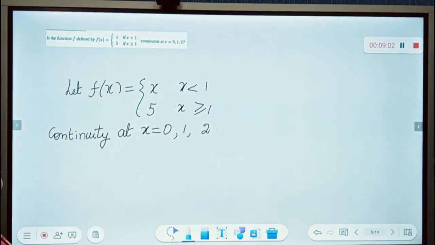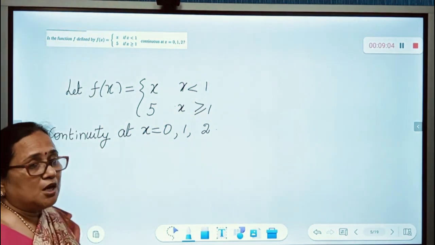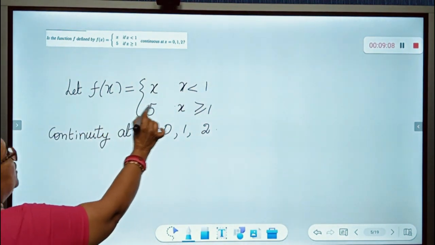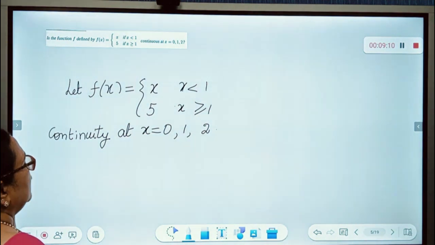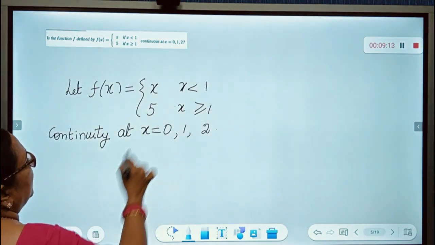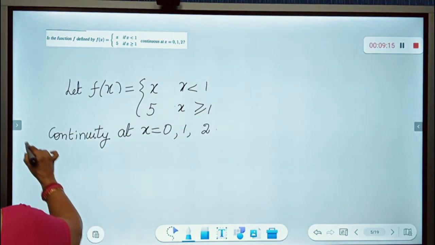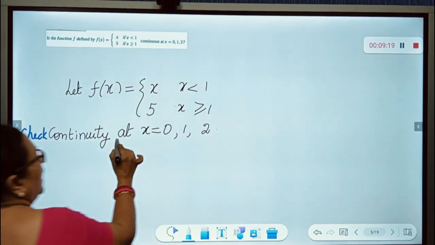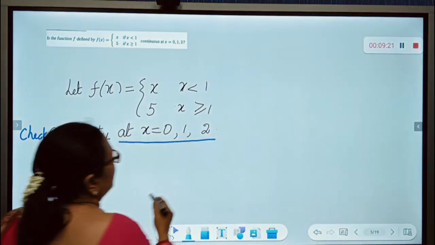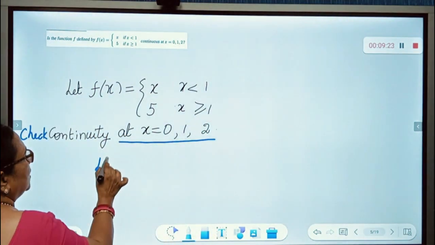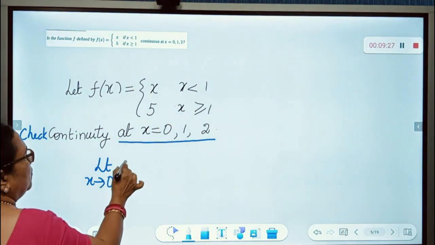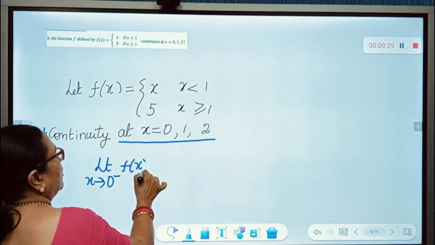Now look at this problem. Now let us solve some problems using the definition. Let f(x) be equal to x if x is less than 1 and 5 when x is greater than or equal to 1. You have to check continuity at x equal to 0, 1 and 2. So, limit x tending to 0 minus of f(x) will be what?